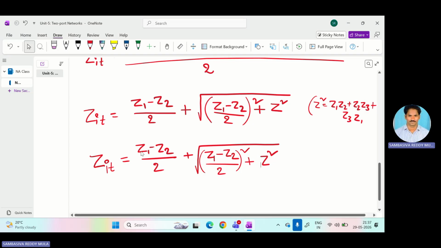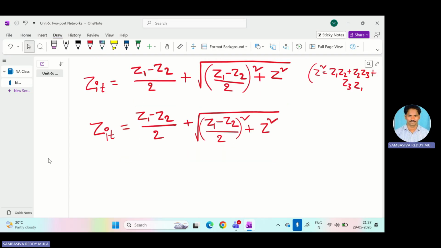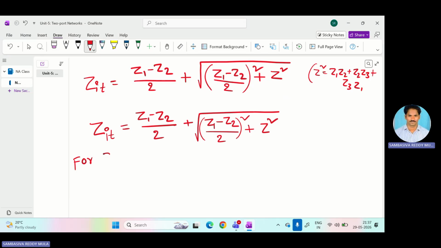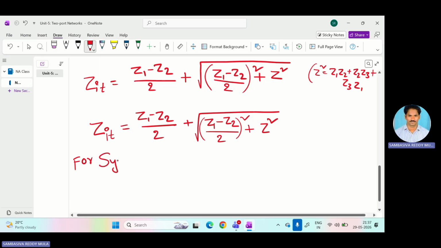Now, the iterative impedance for symmetric T networks. We know for a symmetric T network, in terms of Z parameters, the symmetry condition is Z1 equal to Z2.